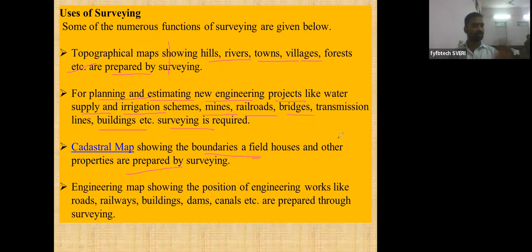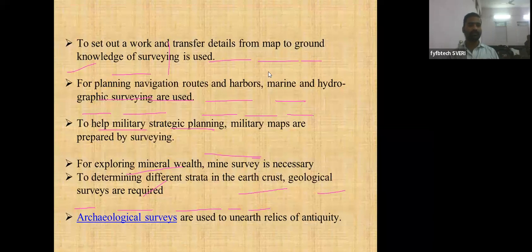Then engineering maps showing the position of works like roads, railways, buildings, dams, canals are prepared through surveying. To construct roads, bridges, buildings, railways, dams, canals, whatever items, you have to do the surveying. So these are all the uses of survey. This completes the entire survey part.